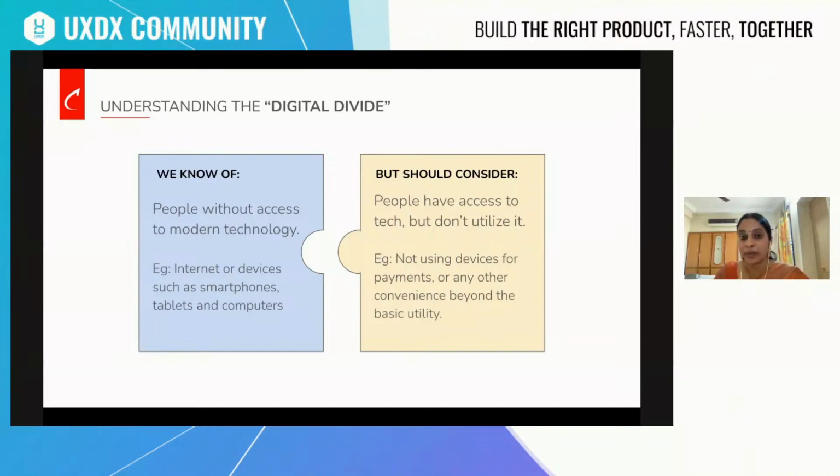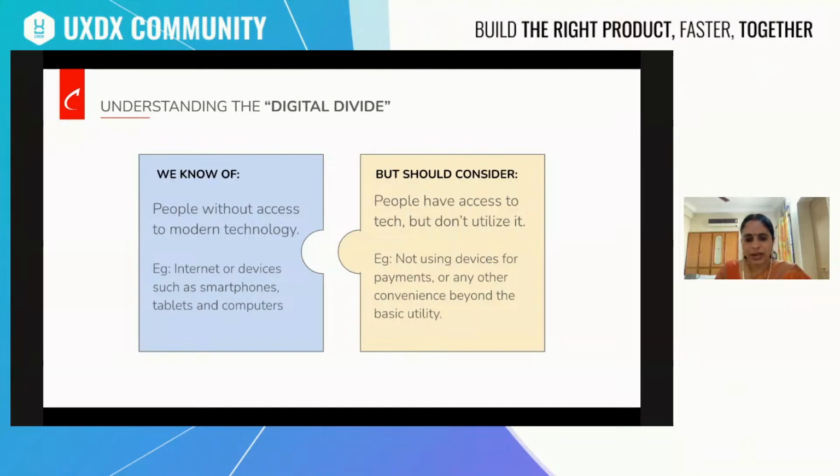There are a lot of people out there in the world who have access to internet, who have access to smartphones or tablets, but they hardly use it. The primary focus for them is to use it for communication with their families or for entertainment.